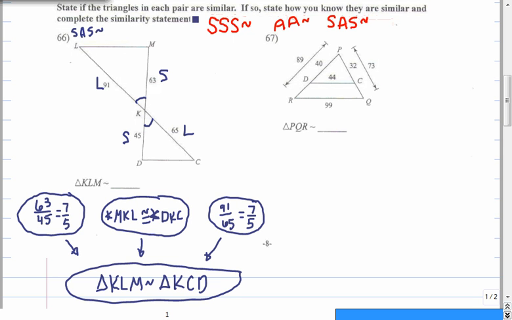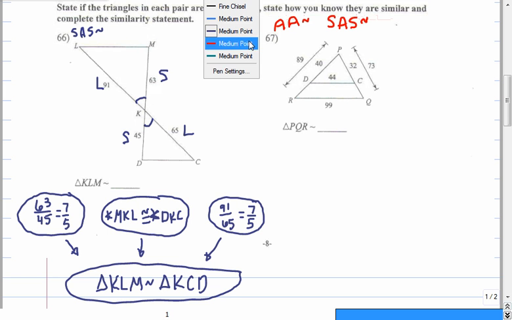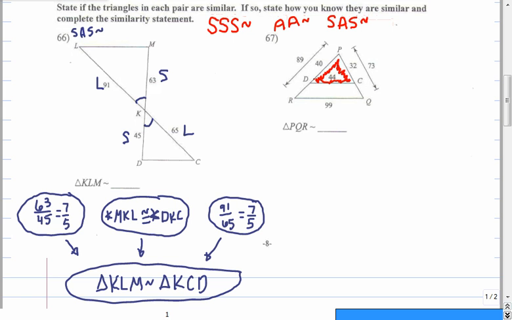For problem 67, do we have information about all 3 sides of each of the 2 triangles? Yes, we do. So we're going to use what conjecture? Side, side, side. So I have highlighted the smaller triangle just so we're clear about what we mean by the smaller triangle.